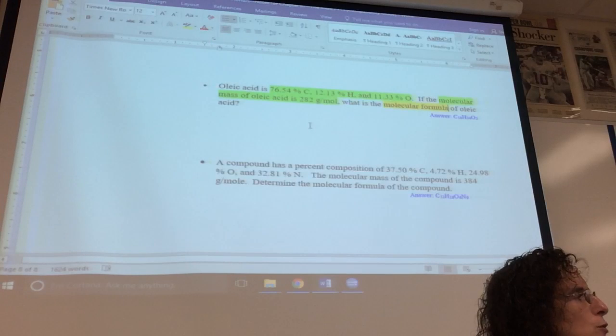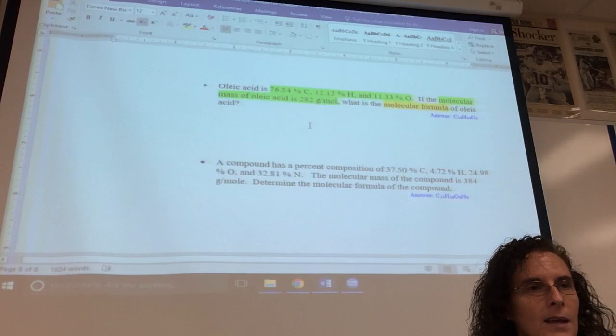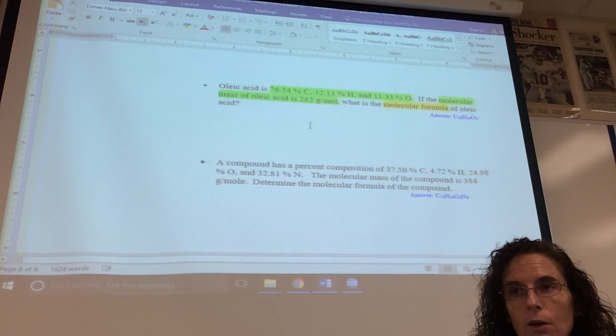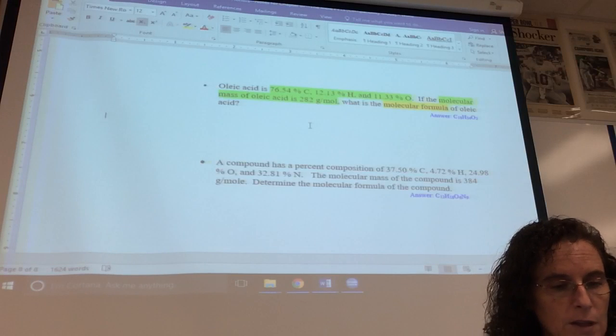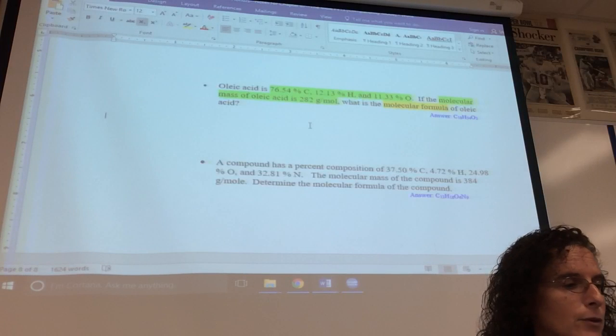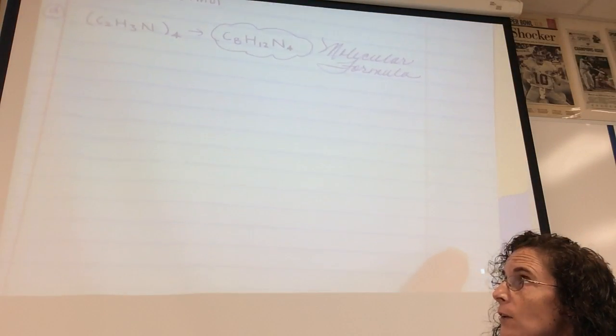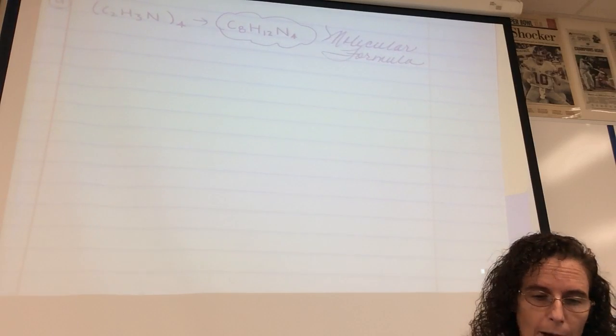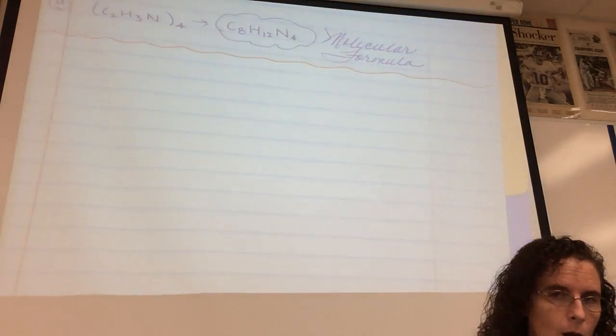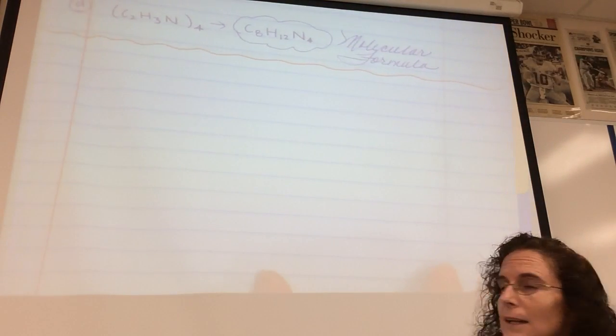And again, you have to recognize the problem in that you need to find the empirical formula first. So this is just a matter of putting everything together. So let's get the information down. We'll work it. And then hopefully you'll be ready to practice, practice, practice, because that's the only way to master chemistry.